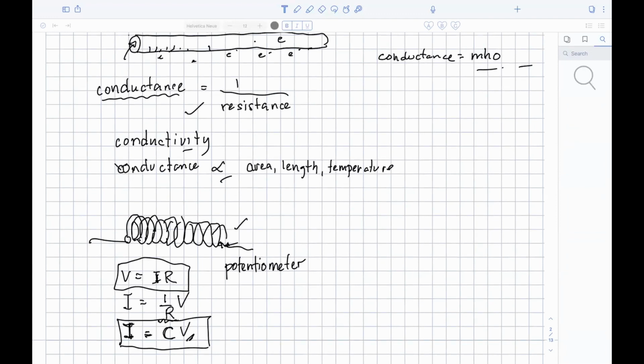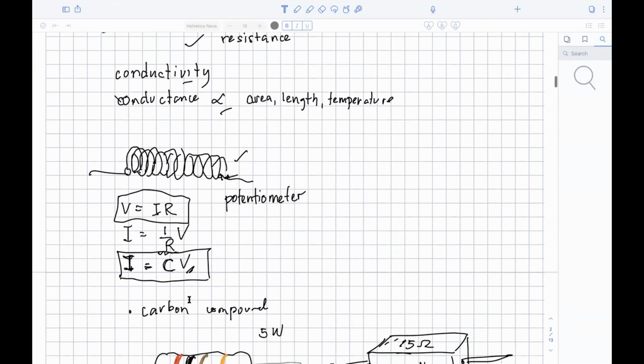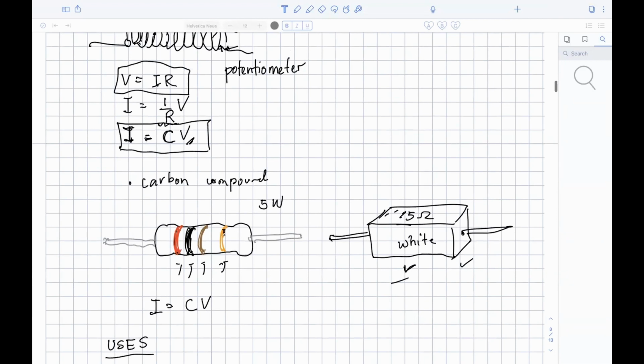We know that V is equal to IR and I equals 1 over R times V. So we can express that current is equal to conductance times V. There are many kinds, for example carbon compound resistors, the typical resistors we use, with color bands.